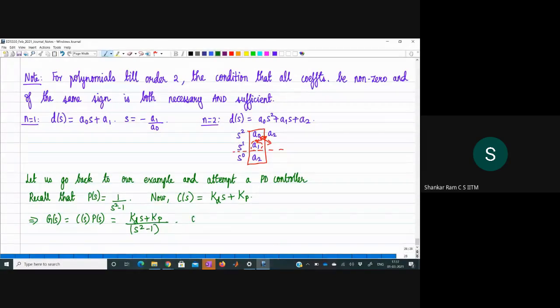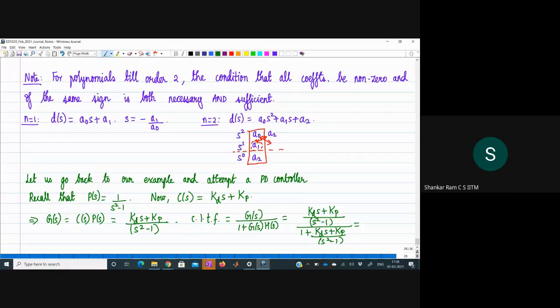Now the closed loop transfer function in this case will be equal to G of s divided by 1 plus G of s H of s. H of s is unity. So G of s is KD s plus KP divided by s squared minus 1, the whole thing divided by 1 plus KD s plus KP divided by s squared minus 1.